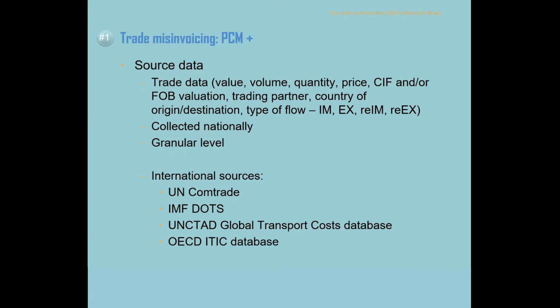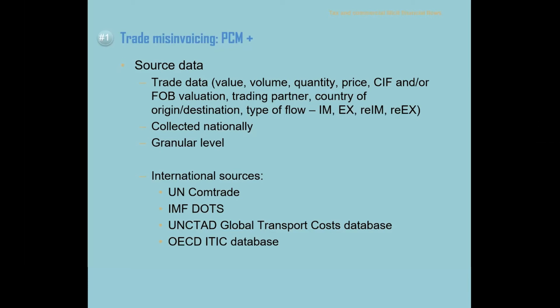In order to apply the partner country method, we require bilateral trade statistics. So between the reporting country, which is our country, and our trading partners. So ideally, all of the trading partners, in a more limited way, only major trading partners.